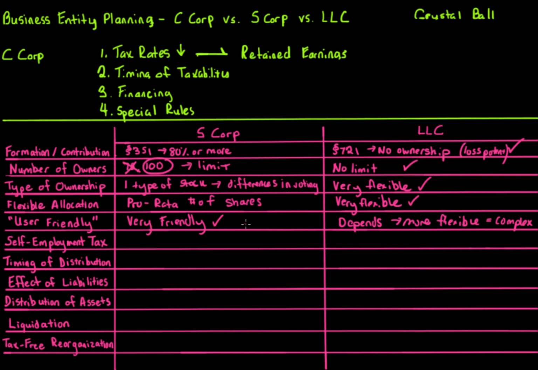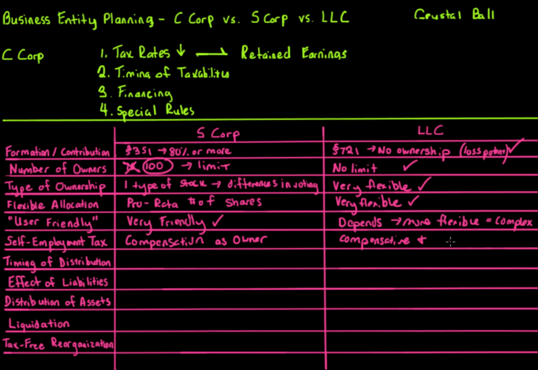Now, in an S corporation, the general idea is that you are taxed on your compensation as an owner. For the LLC, it's compensation and your distributive share. That's generally how it's seen.